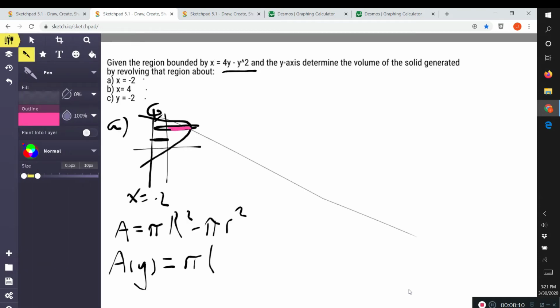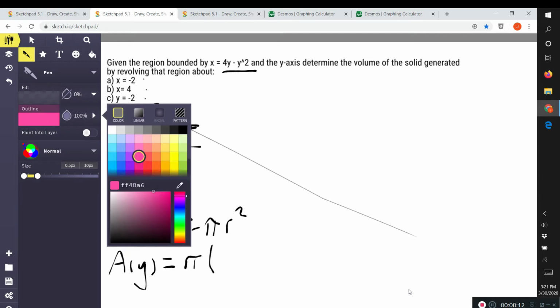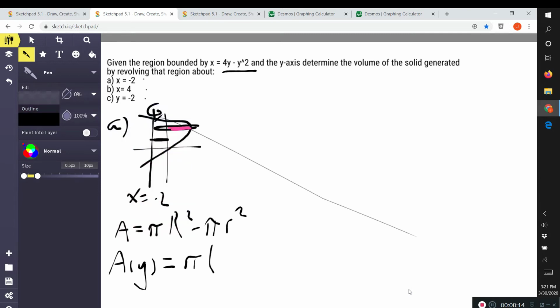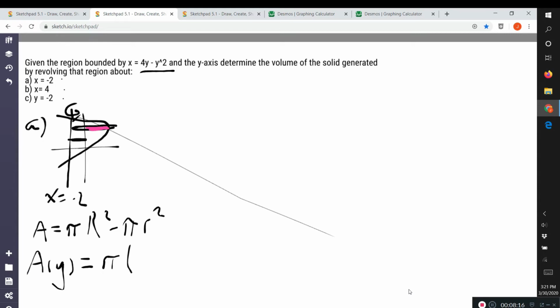That is not the whole distance of the large radius. So what we would need to do is add 2 onto that because the distance is actually 2 further. So our big radius is 4y minus y squared plus 2. And we're going to square that.